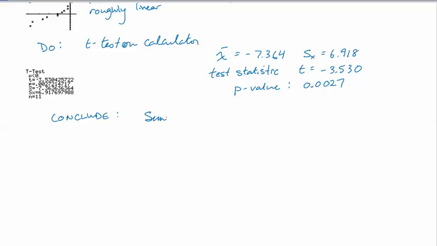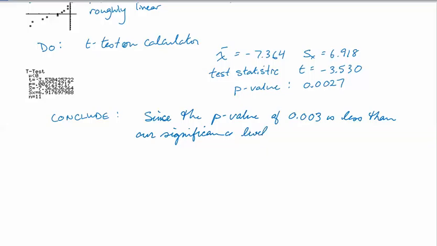And so, since the p-value of approximately 0.003 is less than our significance level of 0.05, now I'd like you to think, what was the situation? Here we're saying that it is unlikely to get a p-value smaller than the significance level we're looking at. So in this case, we reject the null hypothesis.